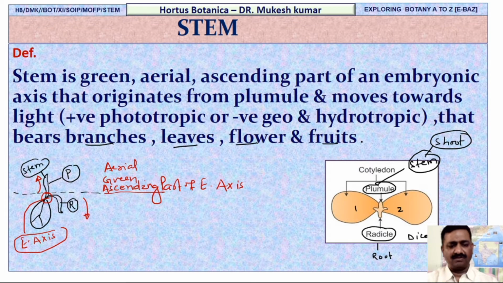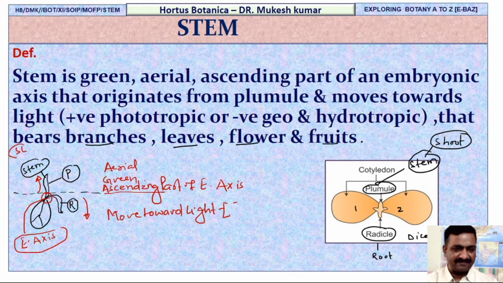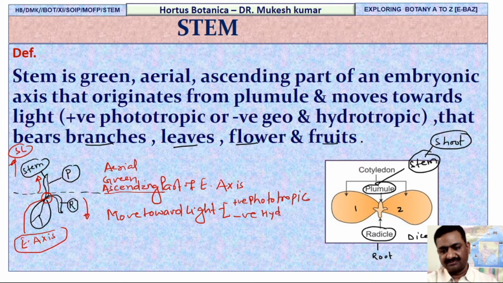Now where will it move? It will move towards light, and moving towards light, that is sunlight, means it is positively phototropic, and negatively hydrotropic or geotropic, isn't it?